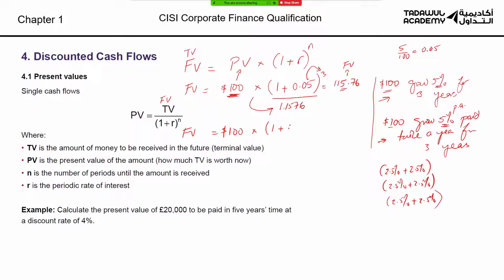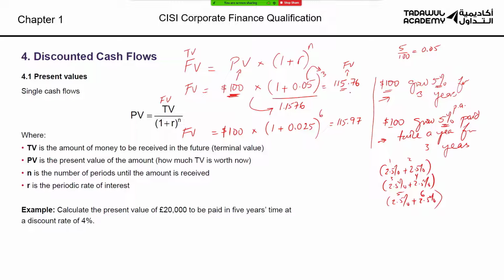It is now growing at 2.5%, and it's growing 6 times: 1, 2, 3, 4, 5, 6. So if we do this calculation, 1.025 to the power 6 times 100, we'll end up getting 115.97.